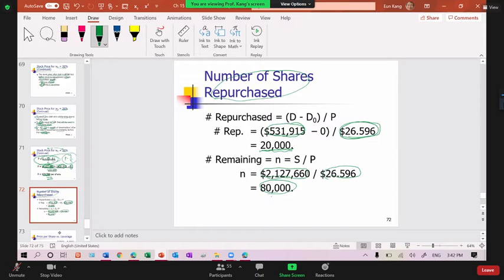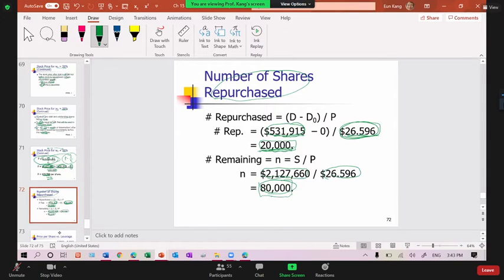And if you made a mistake in the calculation, then it would not be 20,000. Then you know your stock price or those other numbers are wrong, right? So the bottom line is that it is 20%, that ratio, so 20% of total shares, 20,000.